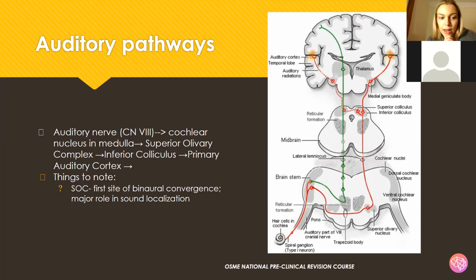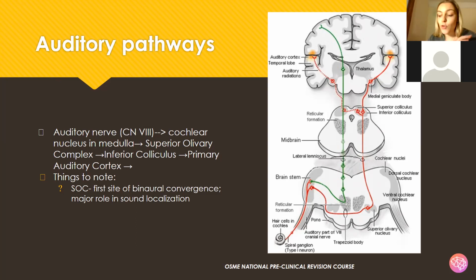So our superior olivary complex again consists of three different nuclei. So this is the medial superior olive, the lateral superior olive, and the medial nucleus of the trapezoid body. So just kind of knowing that extra stuff is always useful.